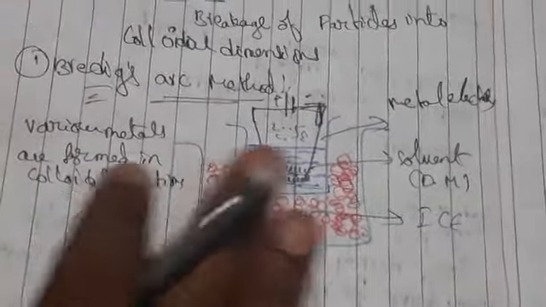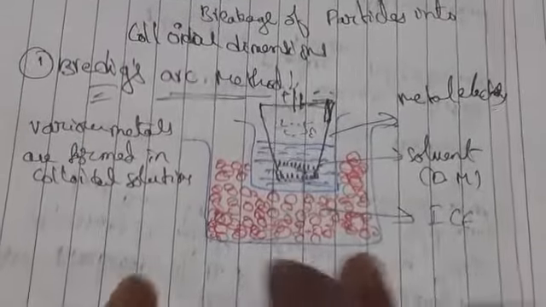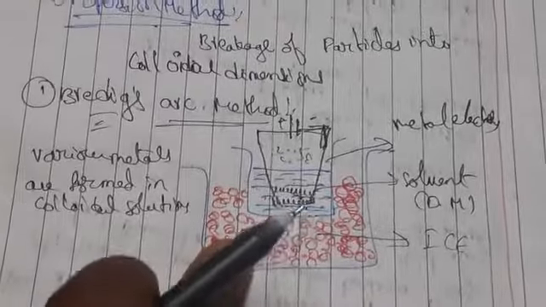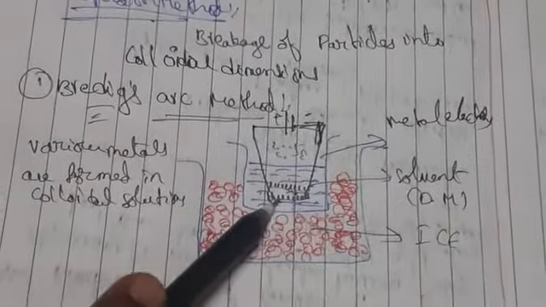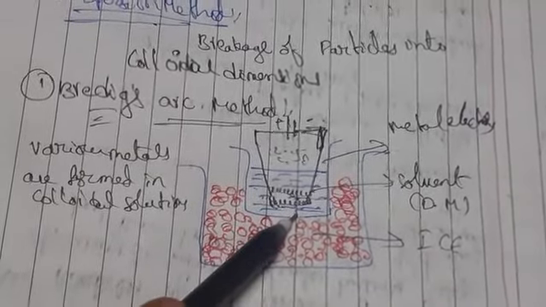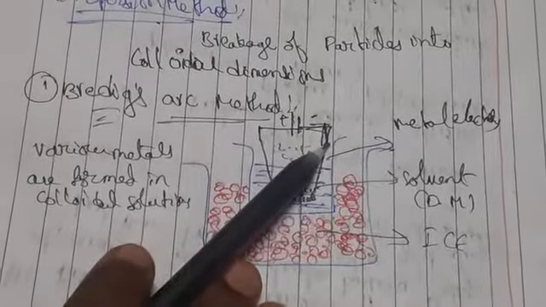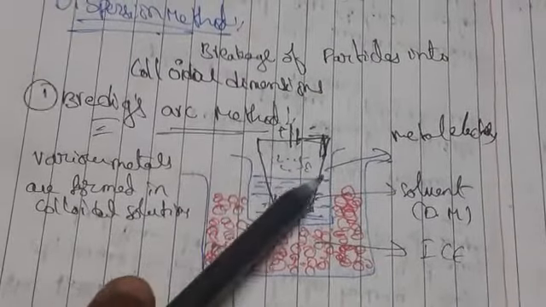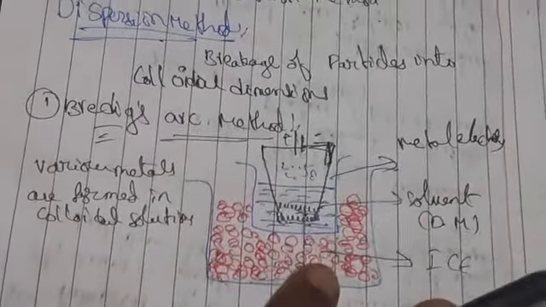For example, I am taking a little KOH added to water. Water is the dispersion medium, and KOH is an electrolyte, added in order to stabilize the solution.